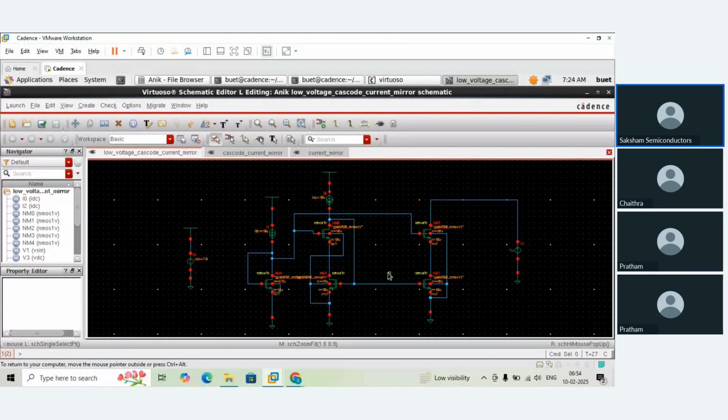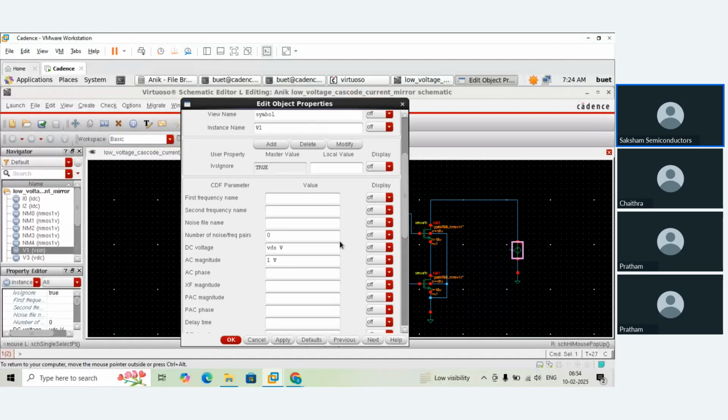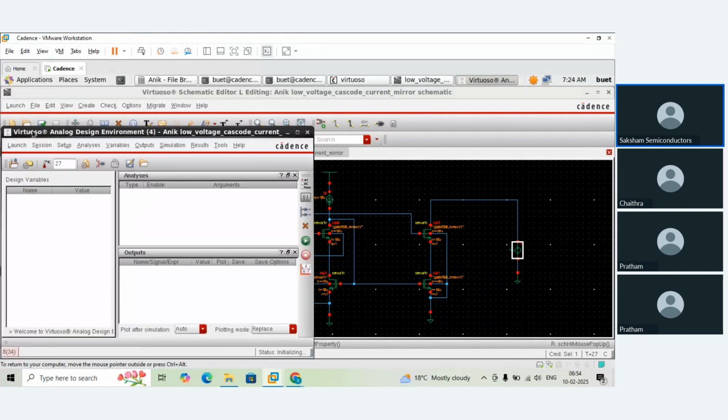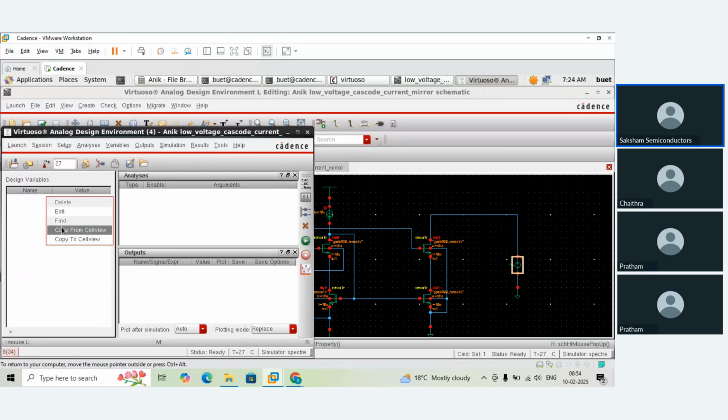Apart from that, there is no major change. This is the same input, the VDS source, which I have given with the DC value of VDS, which I'm going to set in the ADL window. Magnitude is 1 volt, and 10 micro is the current. So let's launch this ADL window and do a similar kind of operation to what we did just now.